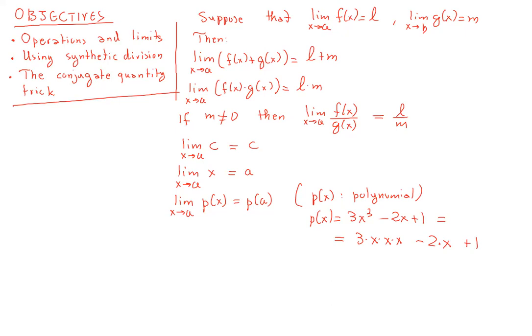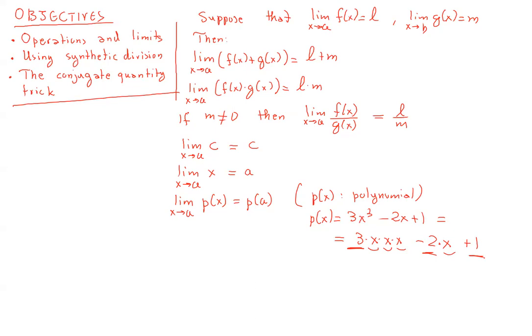And you have the constant functions 3, negative 2, and 1, and the identity function x appearing. And for each of these functions, you simply plug in. So hence, for their combination, you also plug in to compute limits.